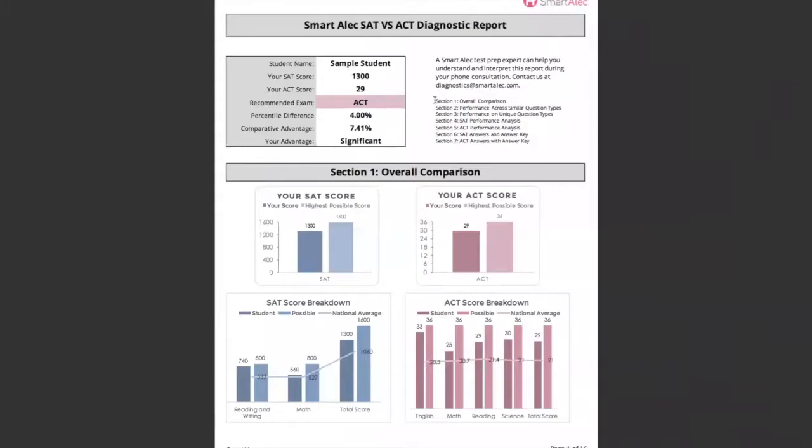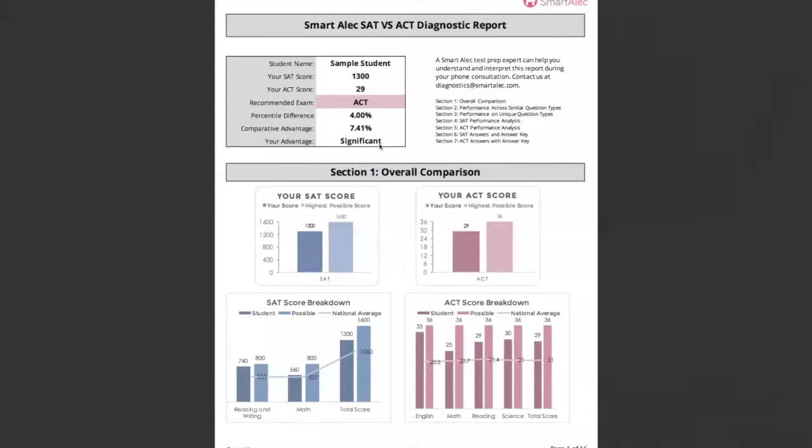So 1300 on the SAT may put you in, say, the 90th percentile. It takes that 90th percentile, compares it to whatever percentile 29 would be on the ACT. So maybe that's the 95th percentile. And so it calculates a percentile difference.